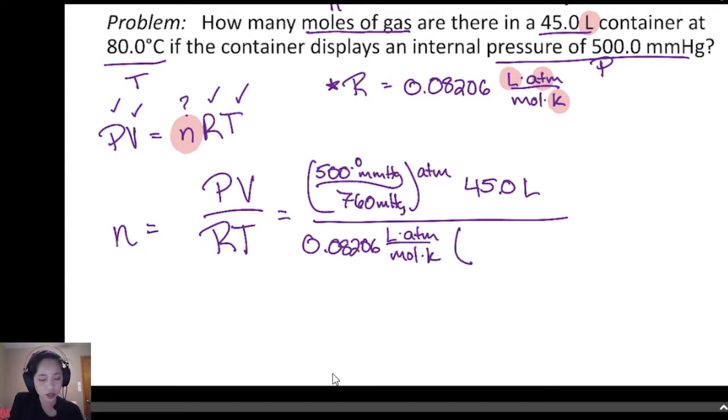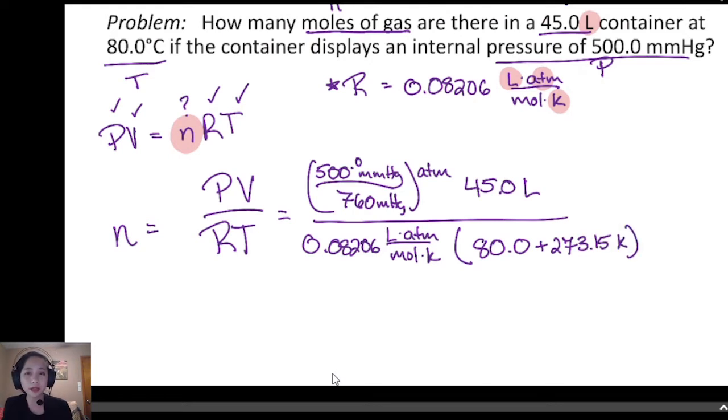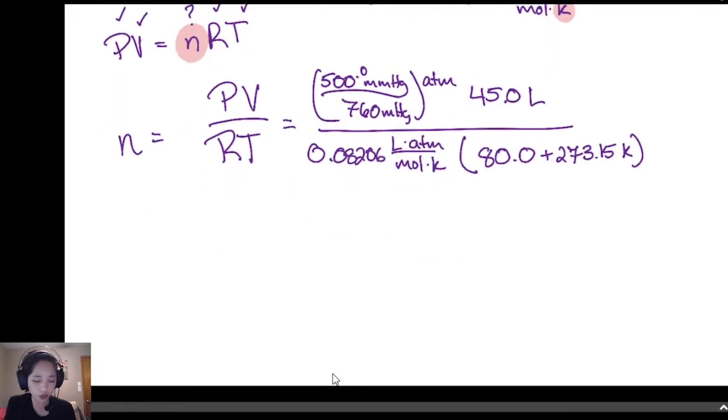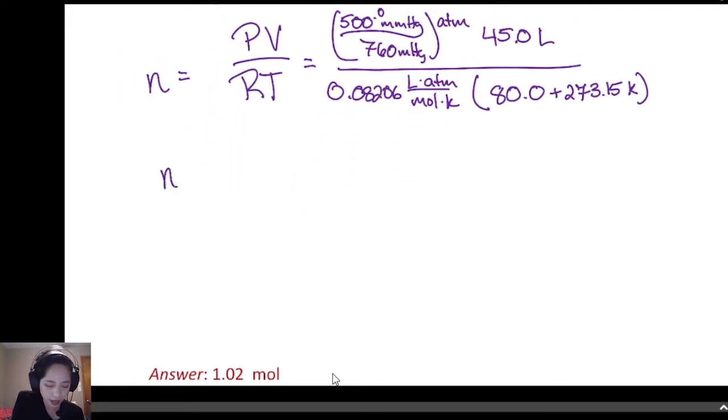And then temperature, they gave it to us in Celsius, so 80.0 plus 273.15. So that will give us it in Kelvin. And so you just plug that into your calculator and you should get an answer of n equals 1.02 moles.